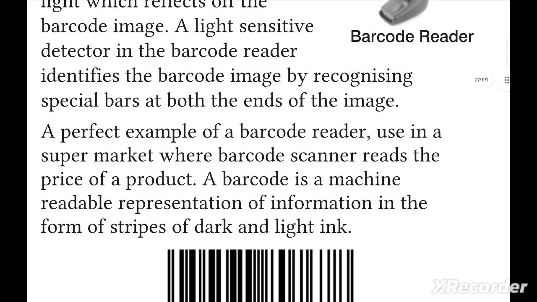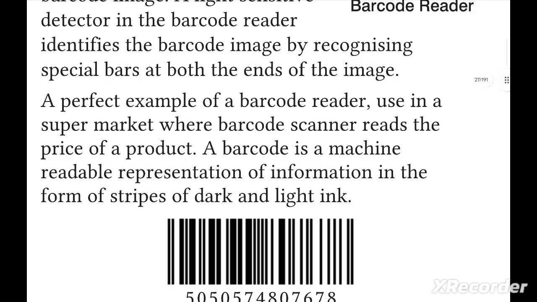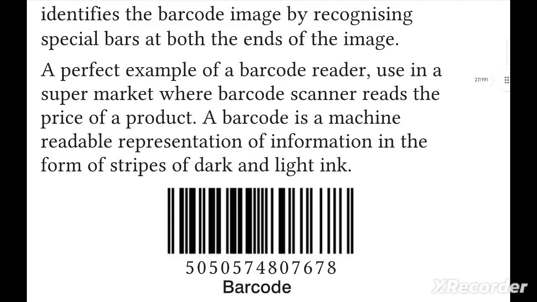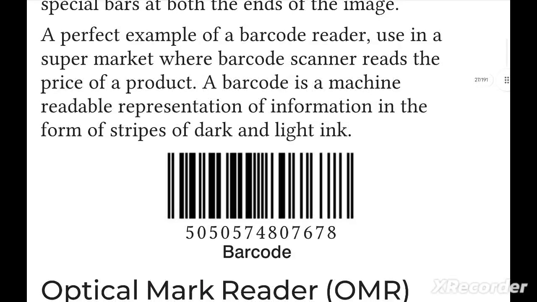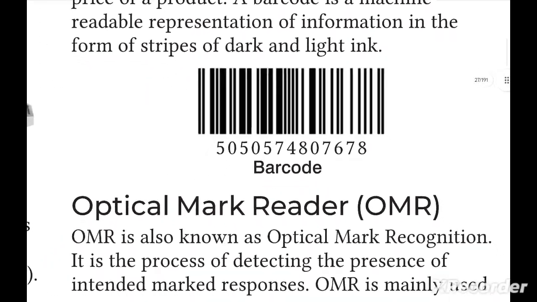A perfect example is a barcode reader used in a supermarket, where the barcode scanner reads the price of a product. A barcode is a machine readable representation of information in the form of strips of dark and light ink.